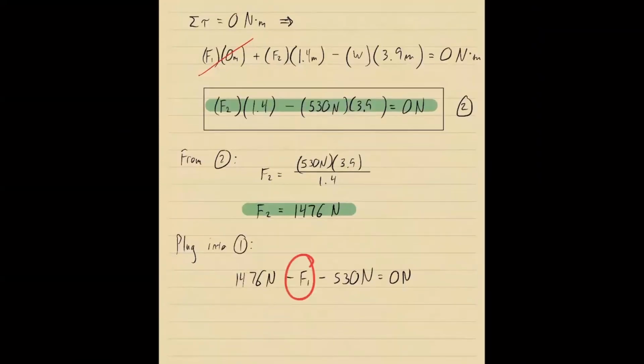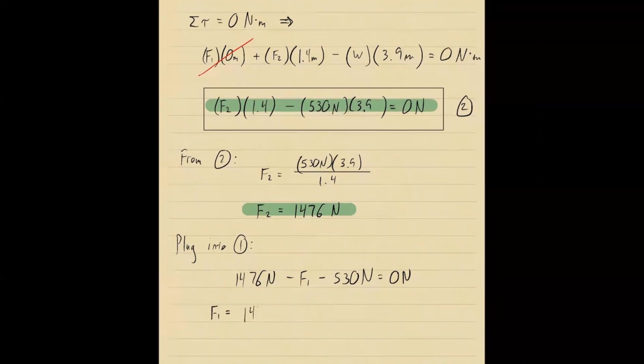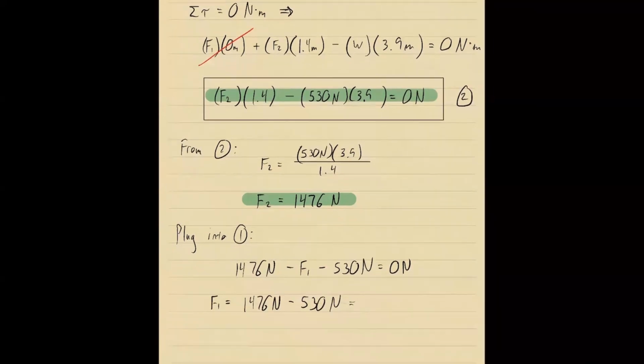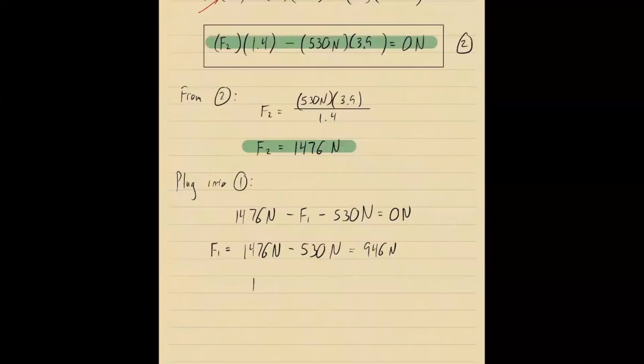So if I add this to both sides, we get that F1, the magnitude of the bolt keeping the diving board down, is going to be equal to 1,476 newtons minus 530 newtons for a total magnitude of 946 newtons. All right. F1 has a magnitude of 946 newtons.